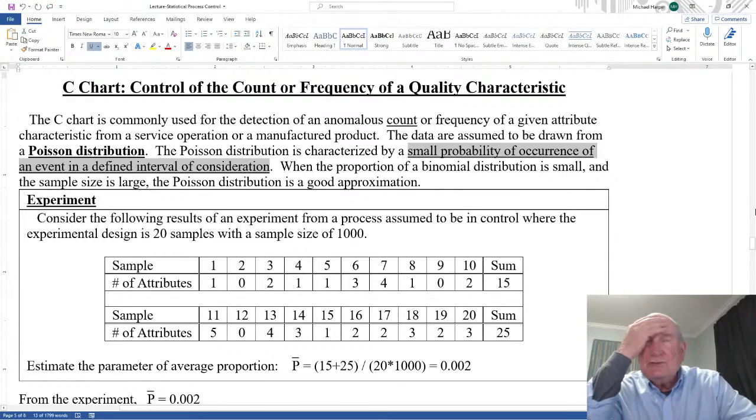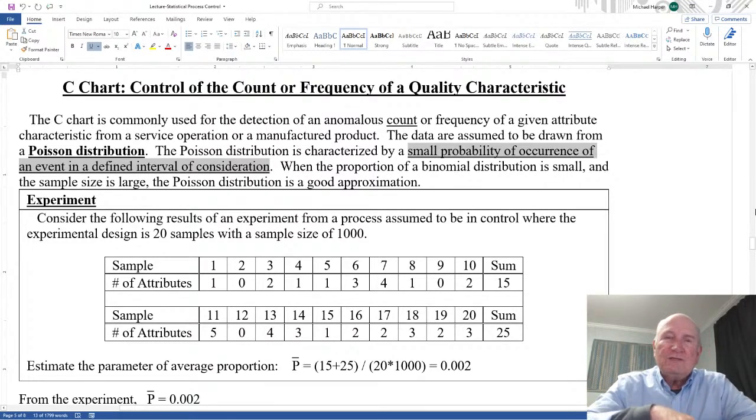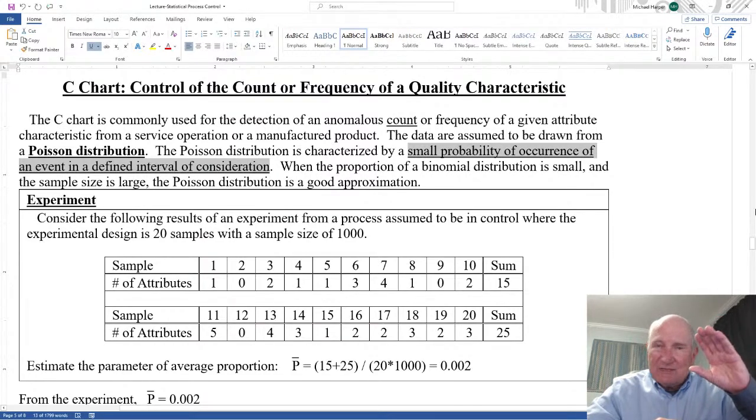Oh, I used it back when I was doing risk analysis for the government on what's the probability of having an earthquake that was severe enough to damage a nuclear repository. You want to know that. That's a very small probability, but that is a Poisson distribution.